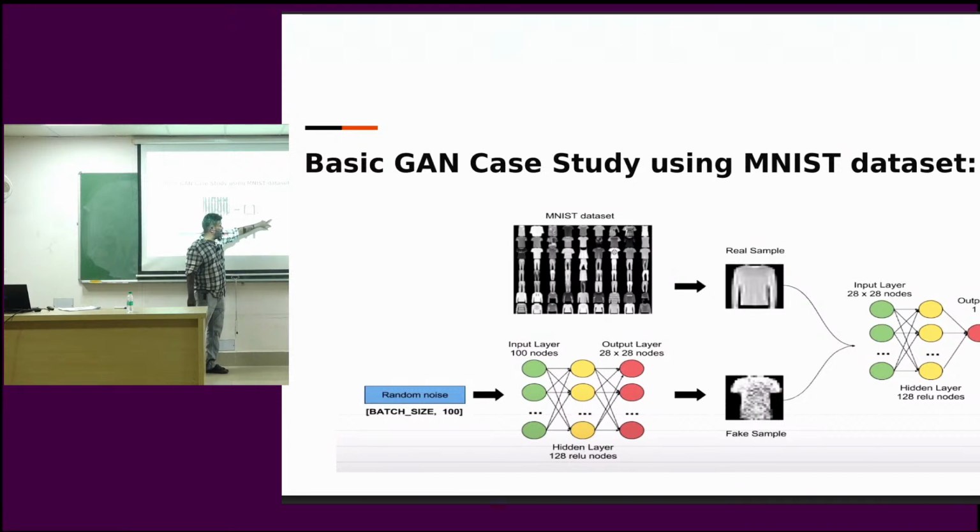One of the inputs to the discriminator is from the real samples, and this is the generator. The generator generates a fake sample. Initially it generates a fake sample, and then we give both to the discriminator, a real sample and a fake sample.